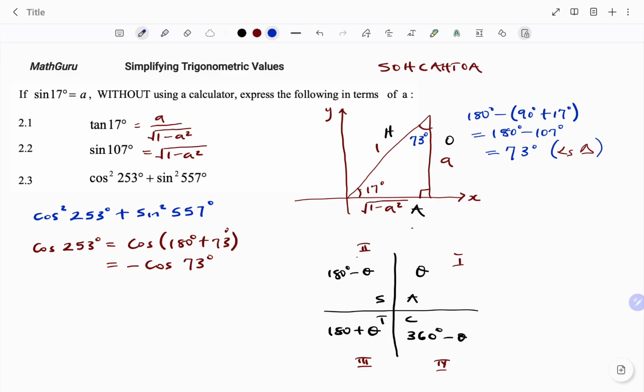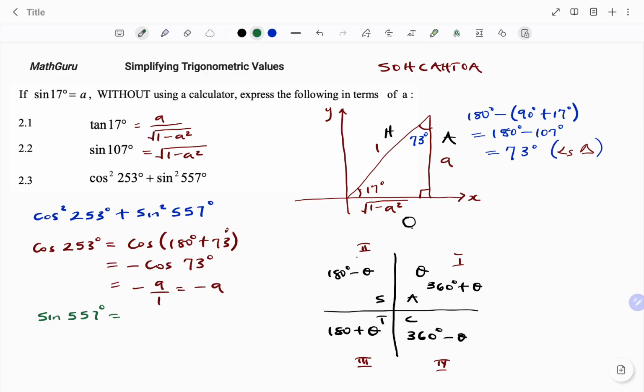I'm going to change the sides, because if I'm using 73 as my reference point, the only side that doesn't change is my hypotenuse. The side facing my 73 degrees is now my opposite, O, and the last side is my adjacent. For my trig ratio, cosine is adjacent over hypotenuse. So minus cos 73 will now be adjacent A over hypotenuse 1, which is negative A.